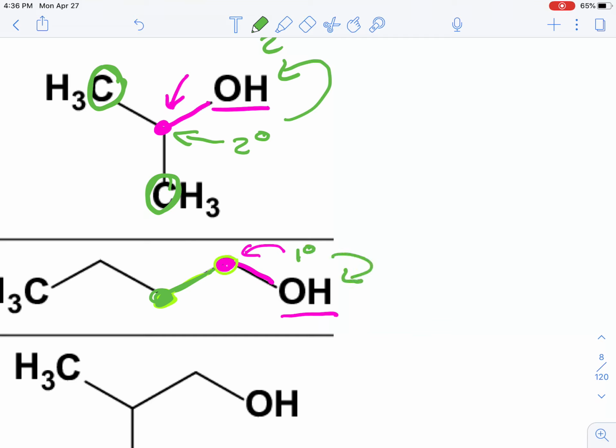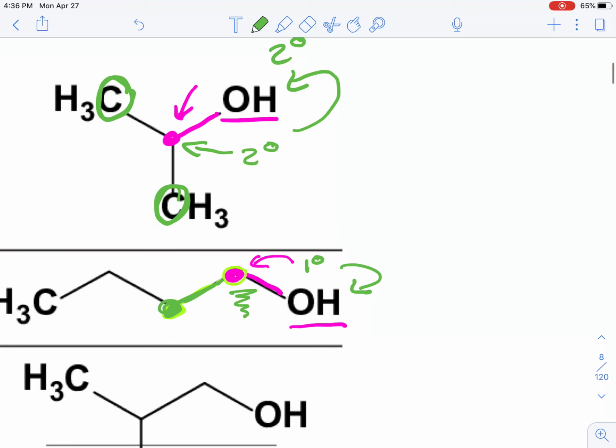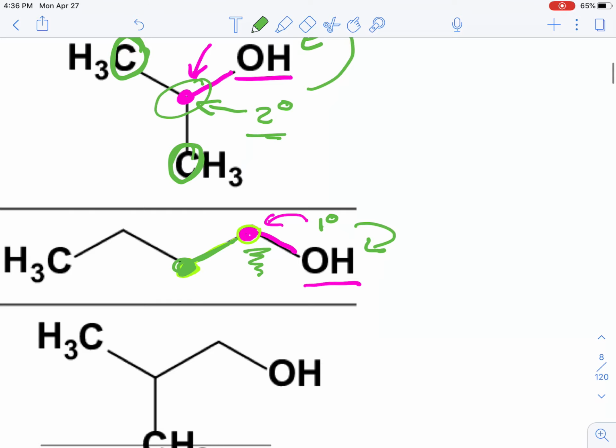Thus, the alcohol is classified as a primary alcohol. And if you look at this example, once again, this primary alcohol is found on the terminal end of the carbon, whereas this secondary alcohol is found right in the middle. It's kind of embedded inside the organic structure.